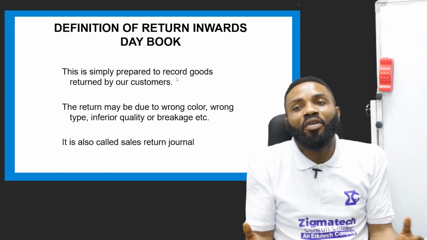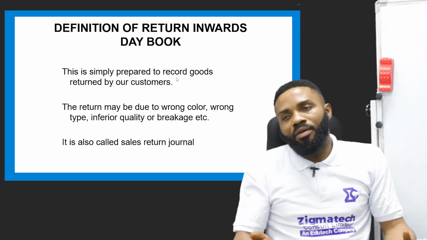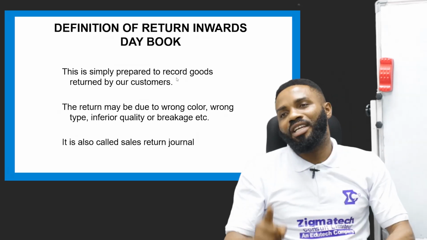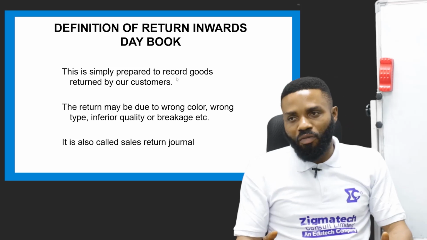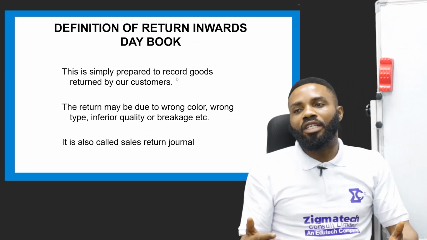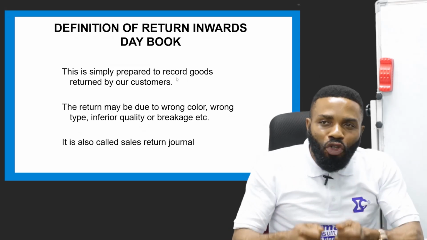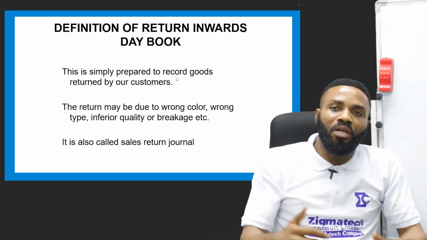Because the customer that we have may just be a retailer that will buy to sell. If they are buying to sell, they may not want to sell it to their own customers. Some other time they may just be final consumers that will buy to eat or to consume. So when they buy a good that does not meet up to expectation, they may not want to eat it. They may want to return it back to us.